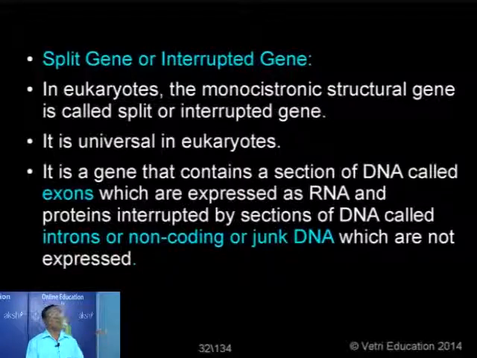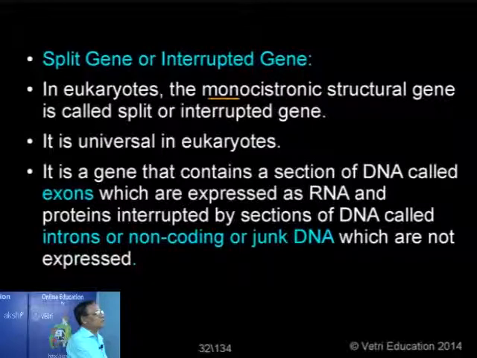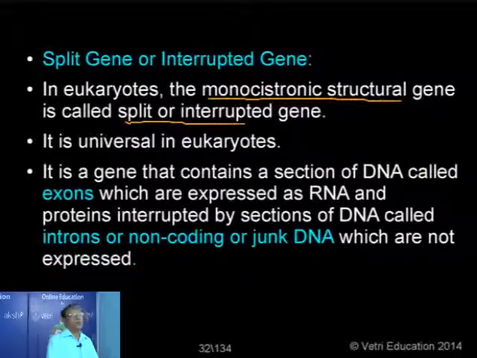So definitely, the monocistronic structural gene is called a split gene. I mentioned this earlier also. It is also called an interrupted gene because it has some base sequences interrupting the original sequences of function. Those having functional sequences are interrupted by sequences which are non-functional in nature. That's why it's called an interrupted gene.